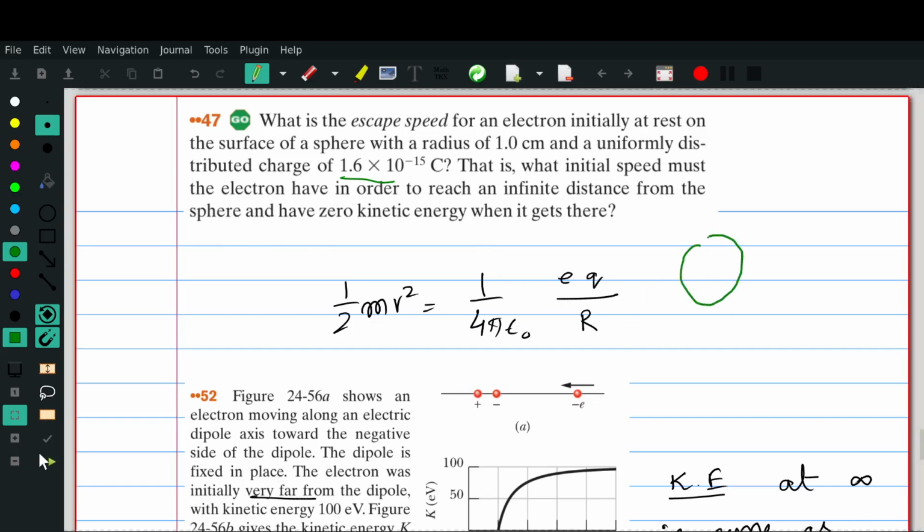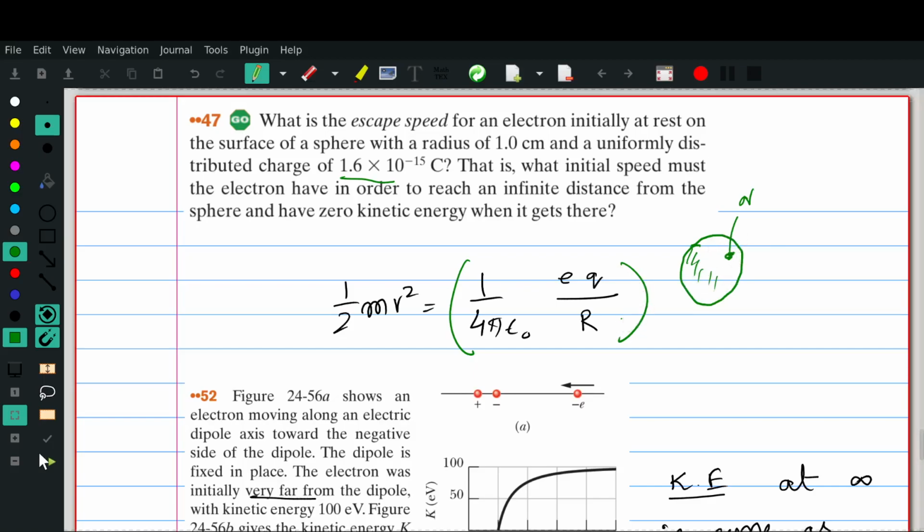Initially there is a sphere, which has some charge, and there is this charge q. What is the initial speed it needs to escape from this sphere? So how do we get that? This is the initial energy: the charge was on the surface and didn't have any kinetic energy.